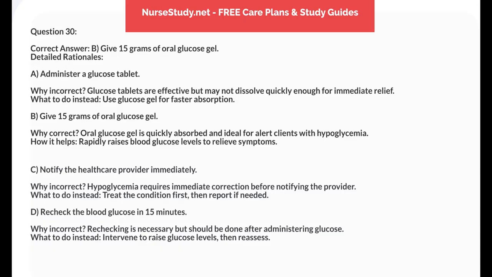C. Notify the healthcare provider immediately. Why incorrect? Hypoglycemia requires immediate correction before notifying the provider. What to do instead: treat the condition first, then report if needed. D. Recheck the blood glucose in 15 minutes. Why incorrect? Rechecking is necessary, but should be done after administering glucose. What to do instead? Intervene to raise glucose levels, then reassess.